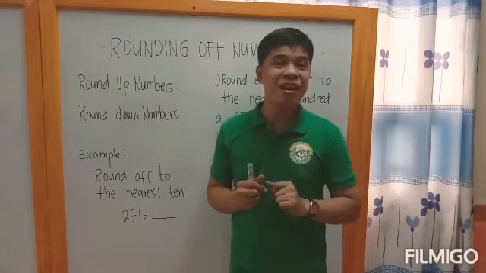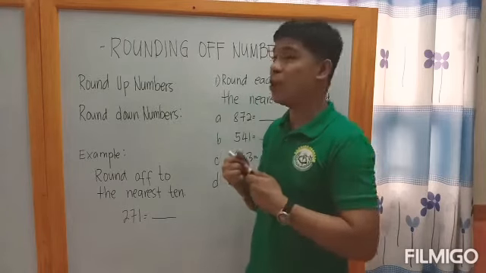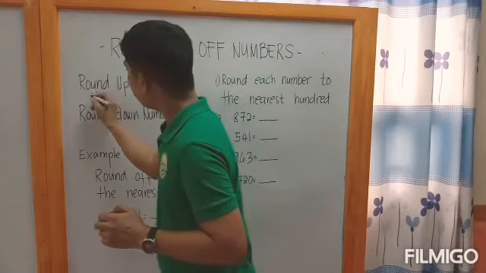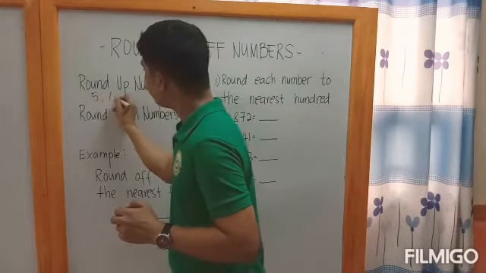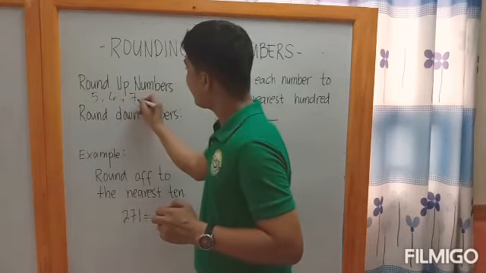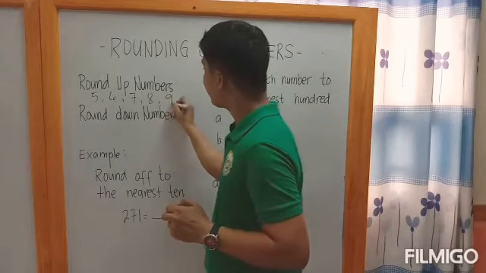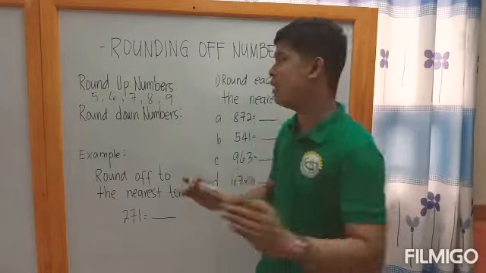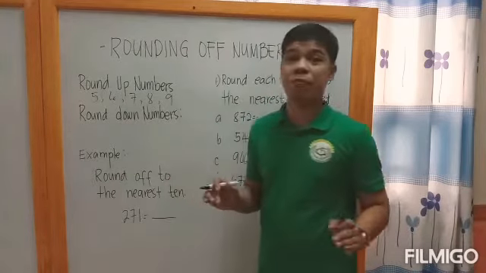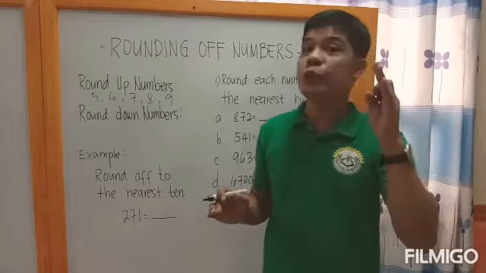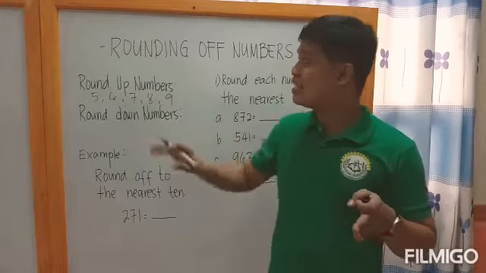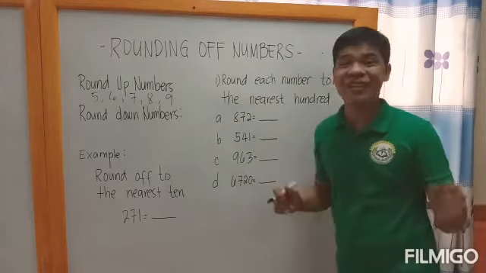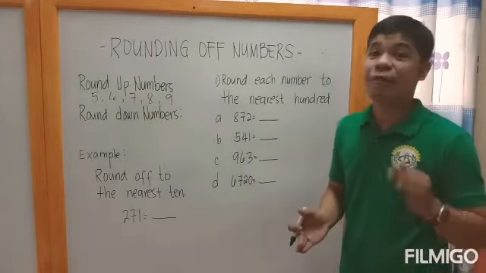So we will write here 5, 6, 7, 8, and 9. Please do not forget these round up numbers because you will use them later. This will be your guide in answering questions, because I have many examples for you.